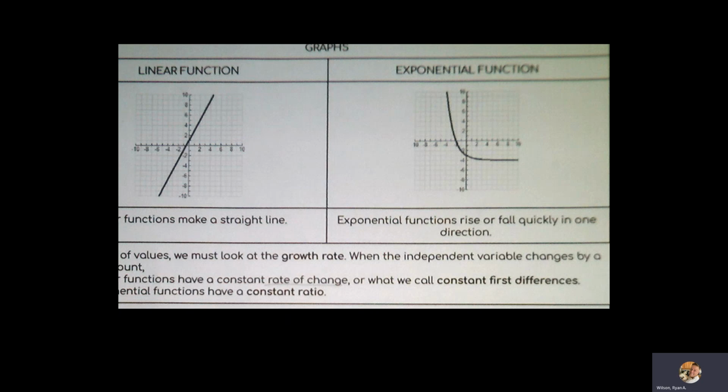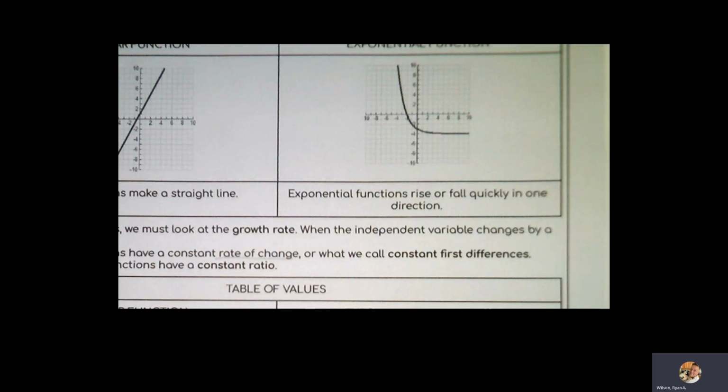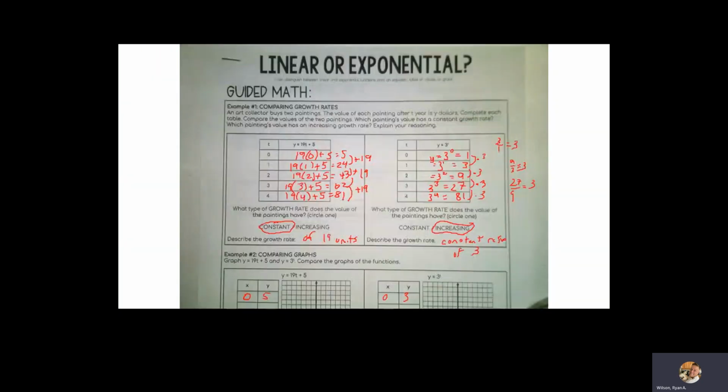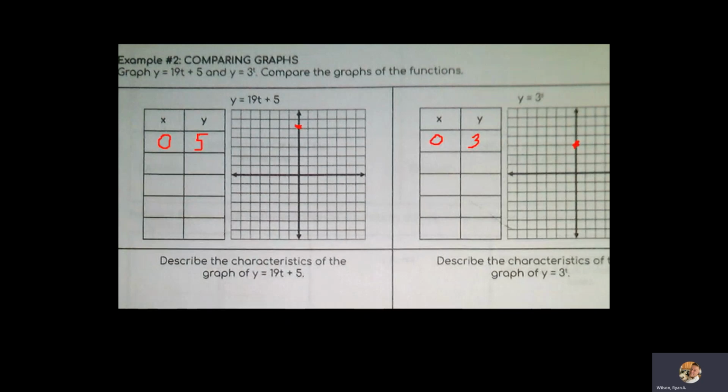That means there's an x value but no y value. So if you have a y value but no x value, what type of intercept is it called? Y-intercept, because it's on the y-axis.